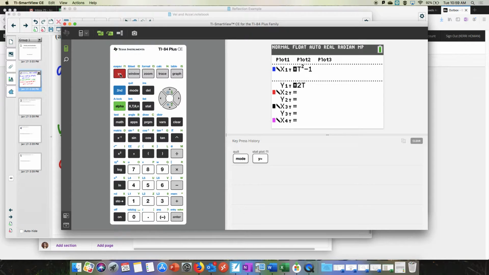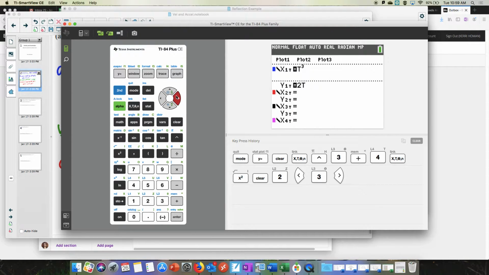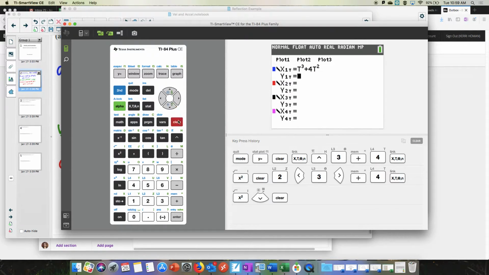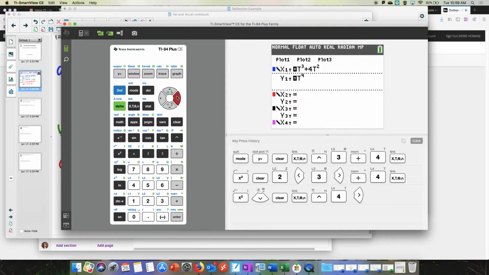Okay. So x is t cubed plus 4t squared, and y is t to the fourth minus t.